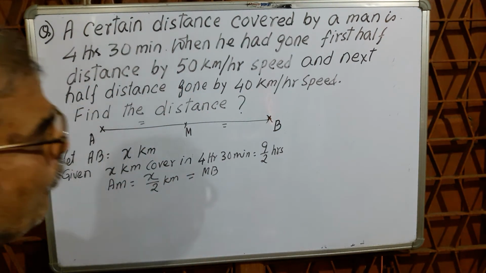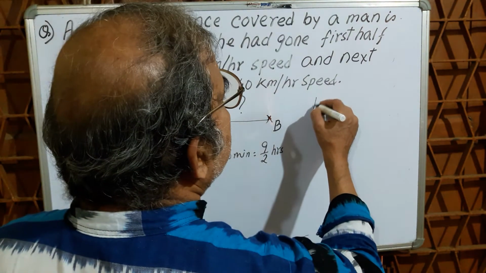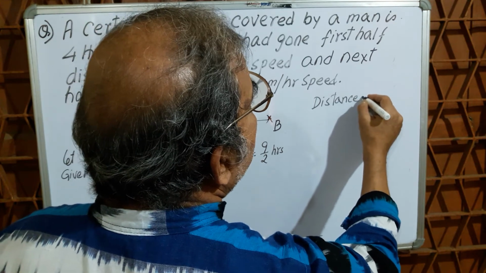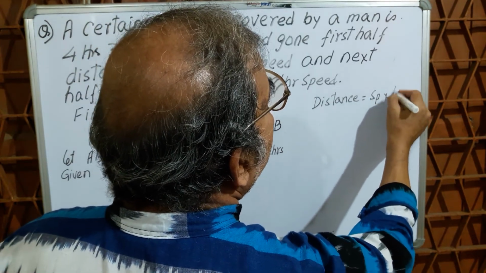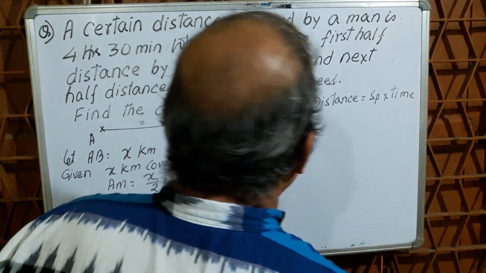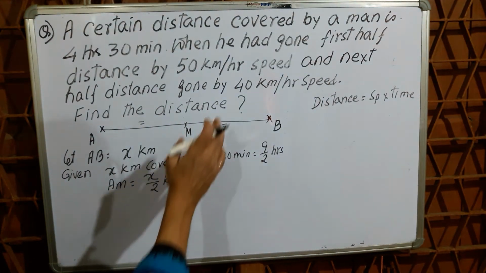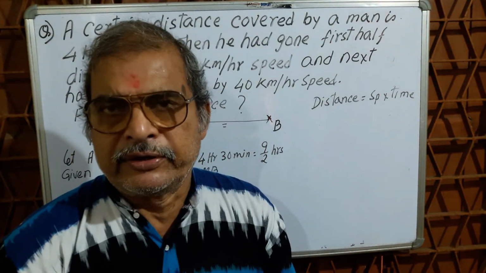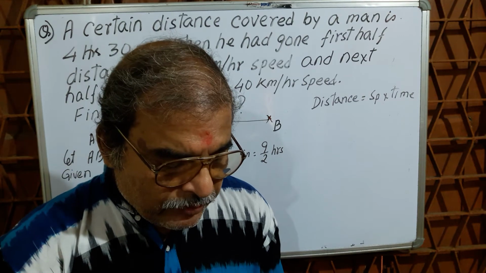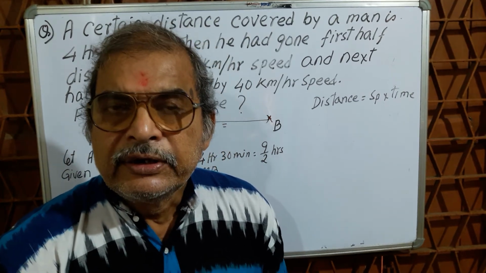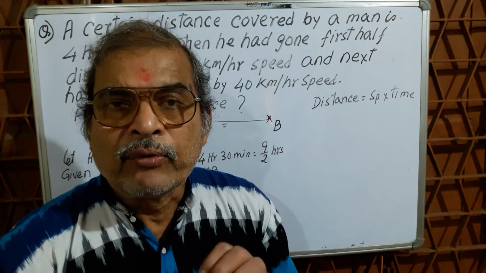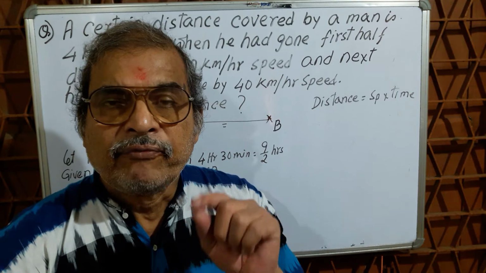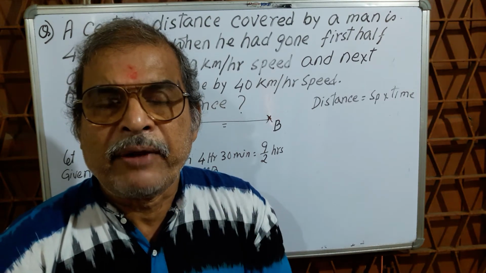And now we know distance is equal to speed into time. Here only time is given and here speed is given. So better you bring it in one unit, because if you have 5 copies, 10 pens and 20 pencils, you can never say 5, 20, 25 plus 25, 50.